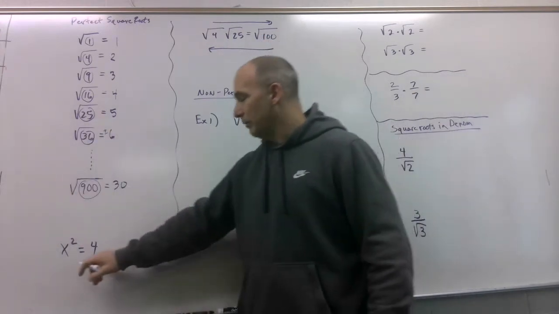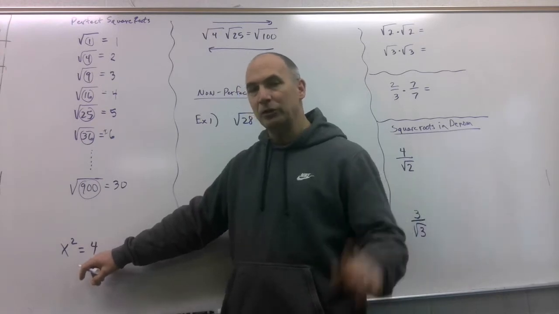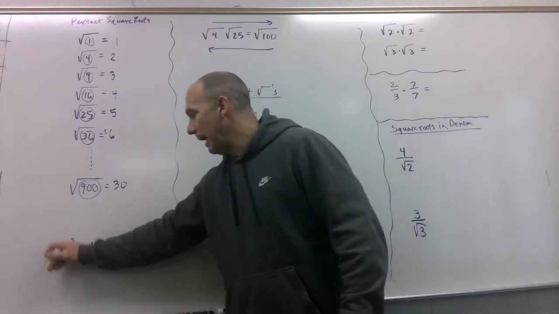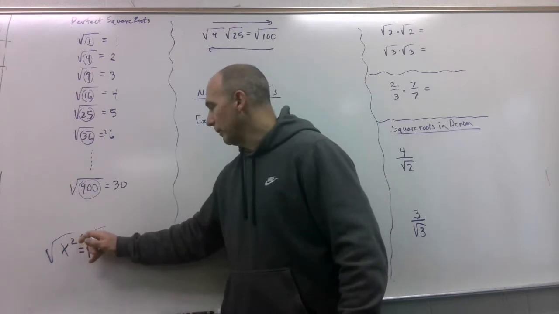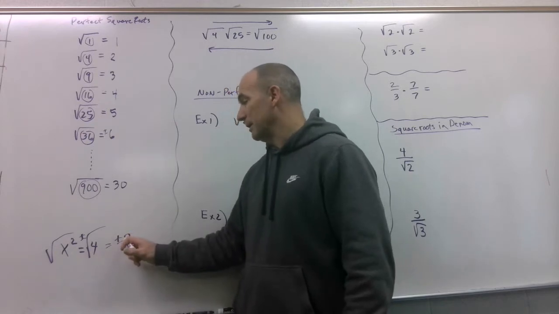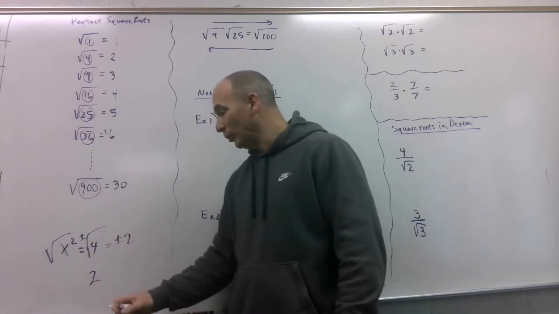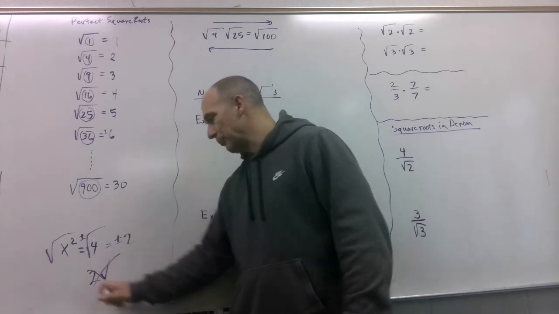However, if the problem says find all the solutions, plural, you've got to remember my little jingle. Bada boom, bada bang, what? What? Do the right thing. So we get plus or minus 2. Now here's the difference. If I just say this is 2, and the math teacher's in a bad mood, it's like, no way, Jose, you got that wrong.